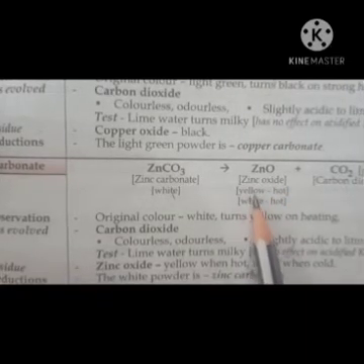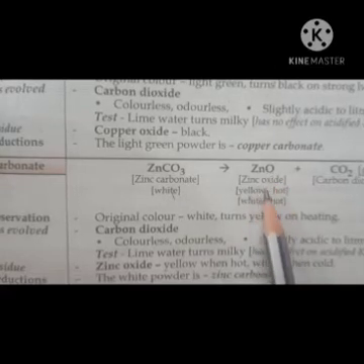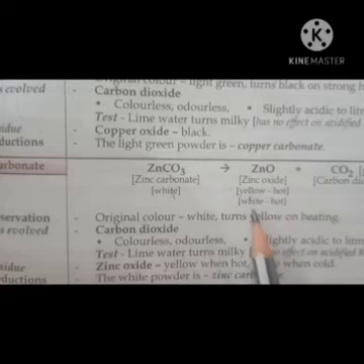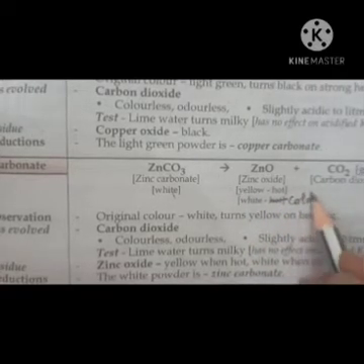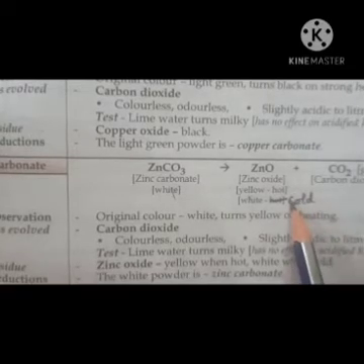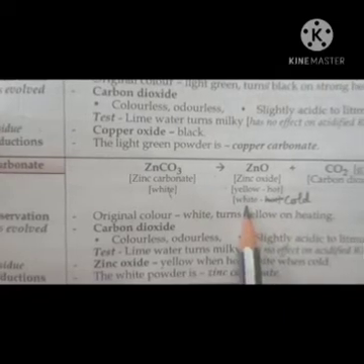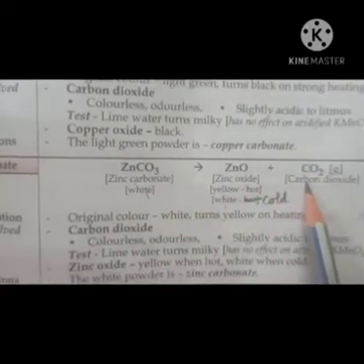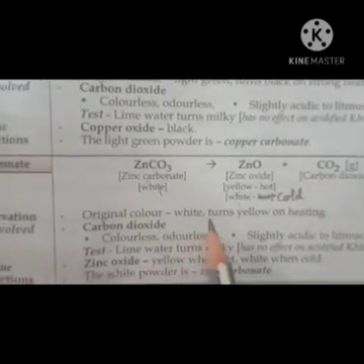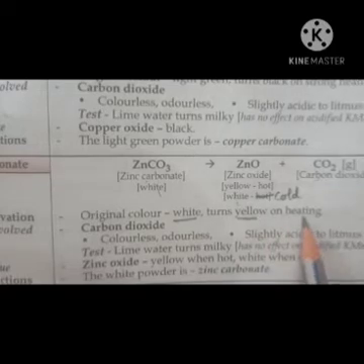It gives yellow zinc oxide when it is hot, but when it becomes cold, then what happens? It turns white, when you cool down this residue. And naturally, it being a carbonate, on heating it also gives carbon dioxide gas. So what is the original color of zinc carbonate? It is white, but it turns yellow on heating.